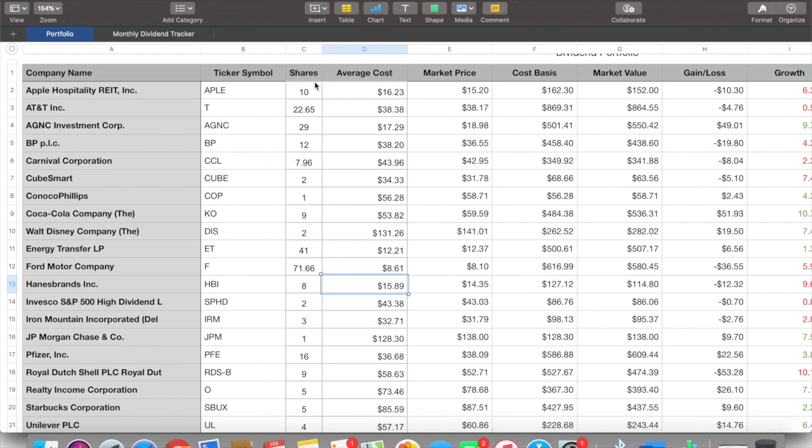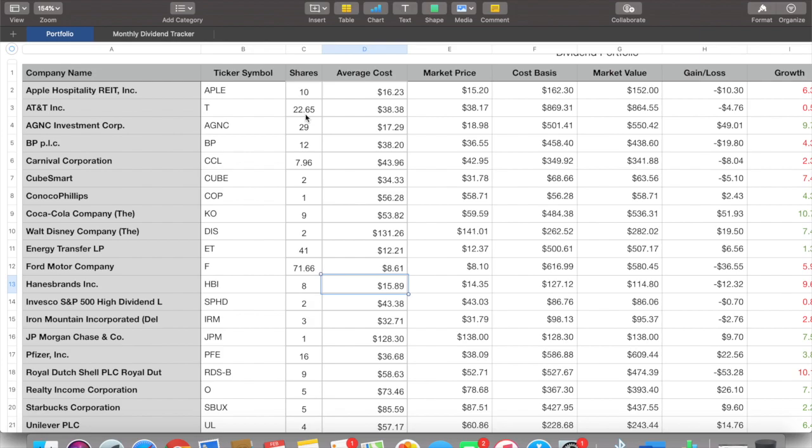Now you guys can see that I have 22.65 shares, which is kind of weird, I know, because it's like, what is 0.65 of a share? That's not even a full share. And that's true. It's because now Robinhood offers fractional investing.